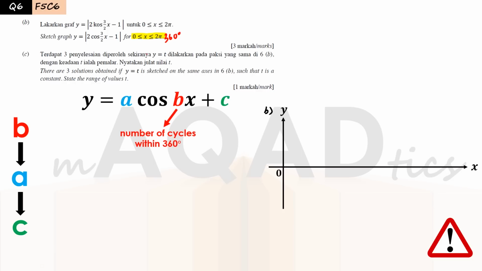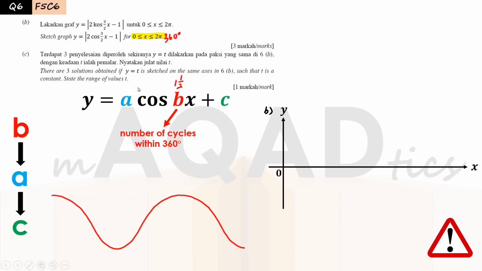So now the value of B is 1.5. So I'm going to draw 1.5 of this cosine graph. Okay, so this is the first cycle, and the other half would be this, right? This half is only half of the cosine graph. Okay, so here is 1.5 of the cosine graph.